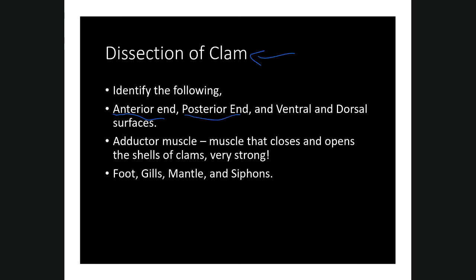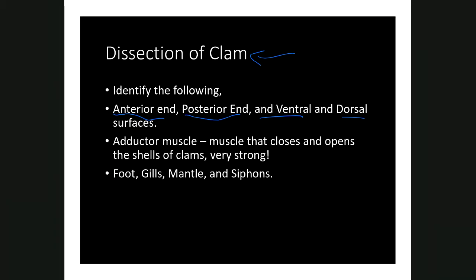The ventral side, you can think of it on your body. Your ventral side is your tummy and chest, and the dorsal side is your back. They are not interchangeable terms. Anterior does not mean ventral. Posterior does not mean dorsal.